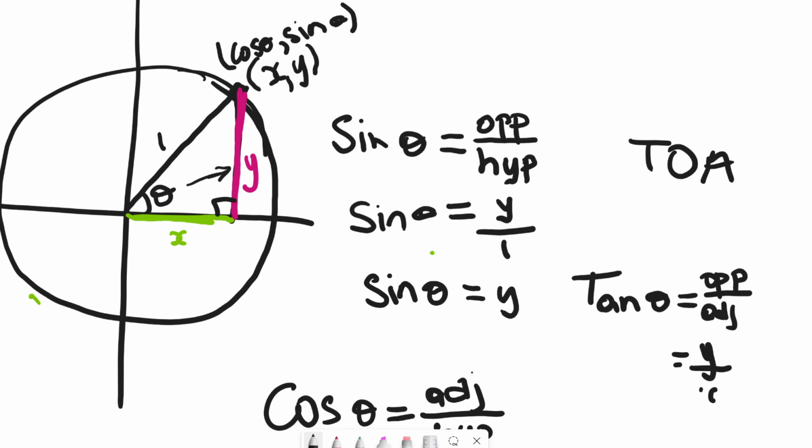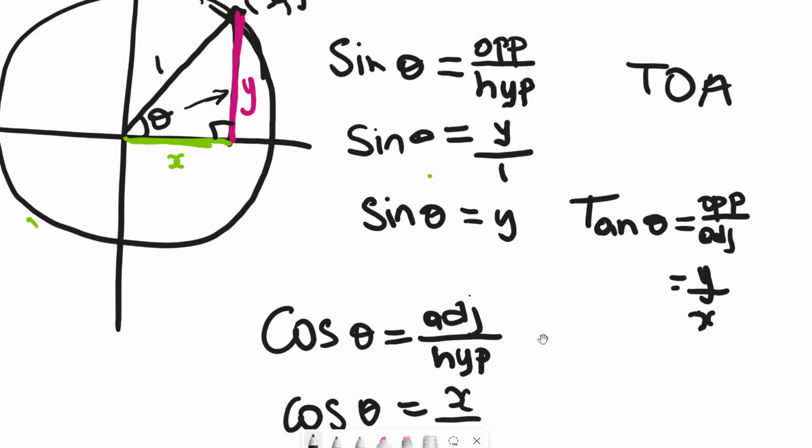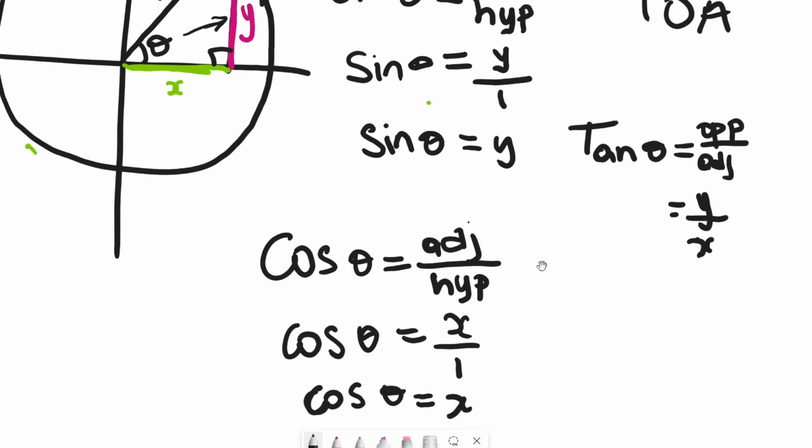Now, if I were to go back to what we just came up with, we just came up with the fact that sine of theta is equal to y. And we also came up with the fact that cosine of theta is equal to x, right? That's what we said.